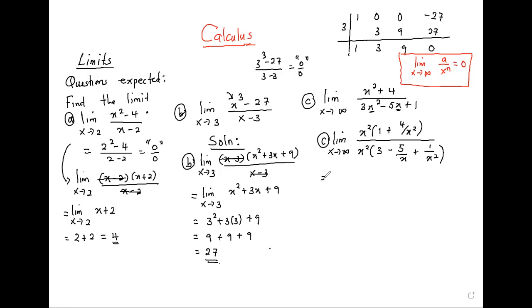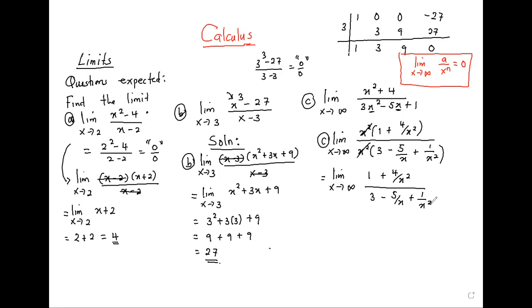So again, it will be the limit now as x goes to infinity. So this part and this part get cancelled. We have remained with 1 plus 4 over x squared over 3 minus 5 over x plus 1 over x squared. Now, in the limit, you don't substitute infinity where there is x.